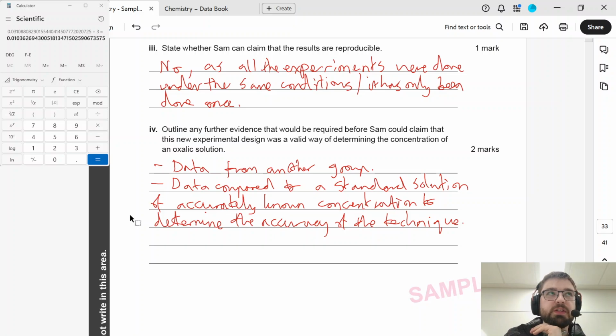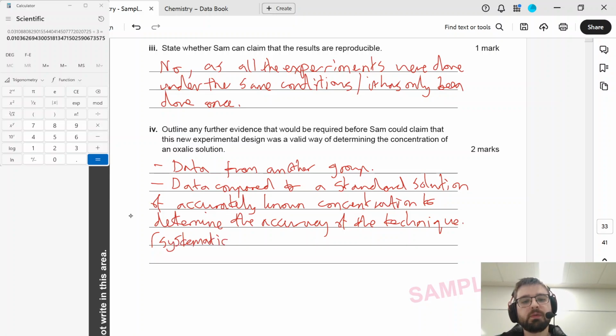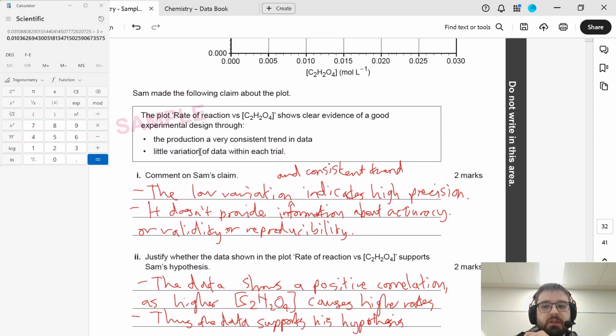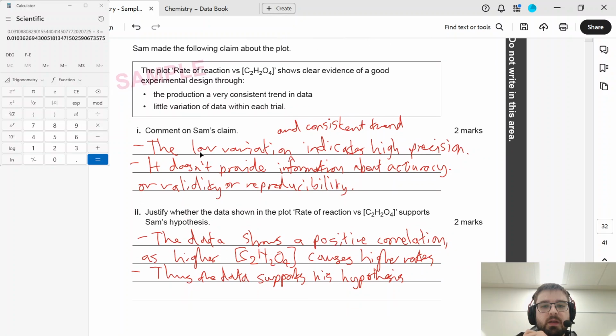Basically, it's not valid if it's inaccurate. You could say something about the presence of systematic errors here if you want. You could also say something about systematic errors a bit higher up as well.